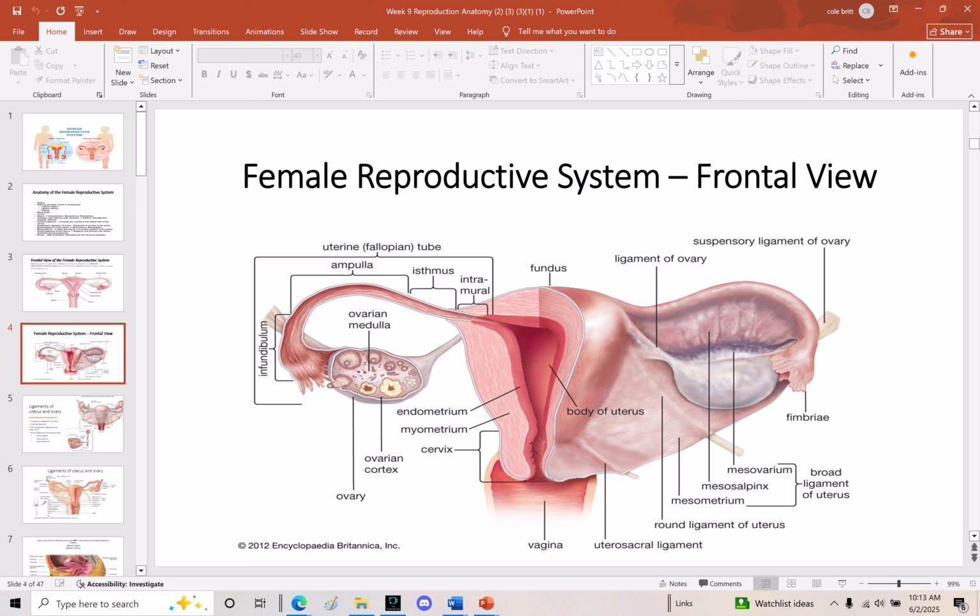And the idea is these fimbriae are creating a peristalsis and drawing that oocyte into the uterine tube. And it's right up here in the ampulla, right in this area here, is where fertilization generally takes place.